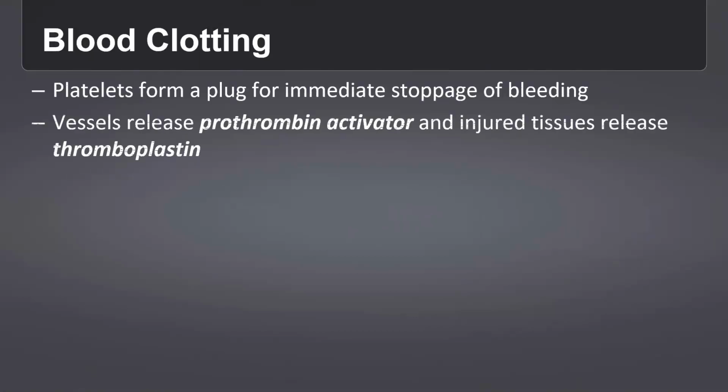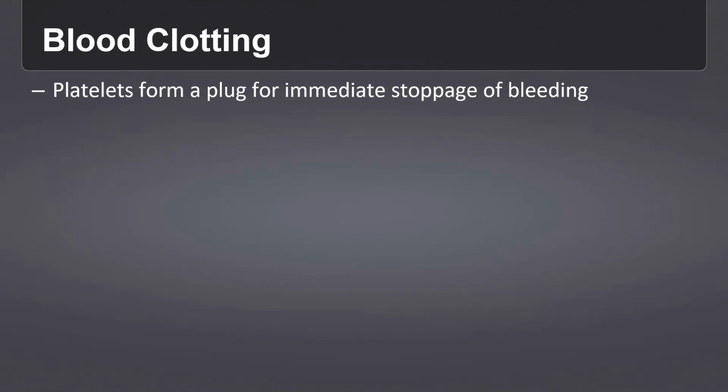So the first thing that happens is that platelets, let's go back. Platelets will form what we call a platelet plug for immediate stoppage of bleeding. So it's got all these little broken down pieces of those megakaryocytes, and they get sent to the area to try and form like a plug, stop the bleeding. It's like throwing a Band-Aid on it, but an inside Band-Aid.